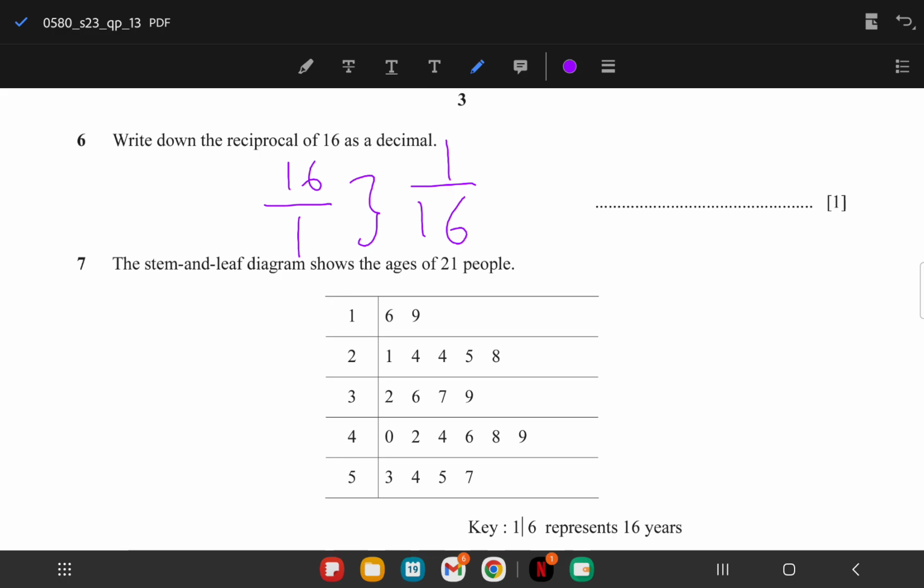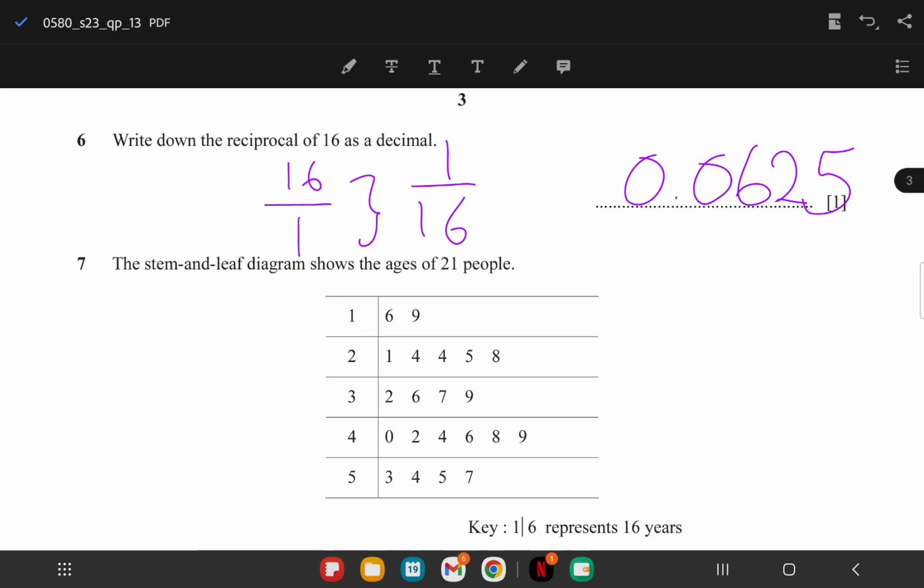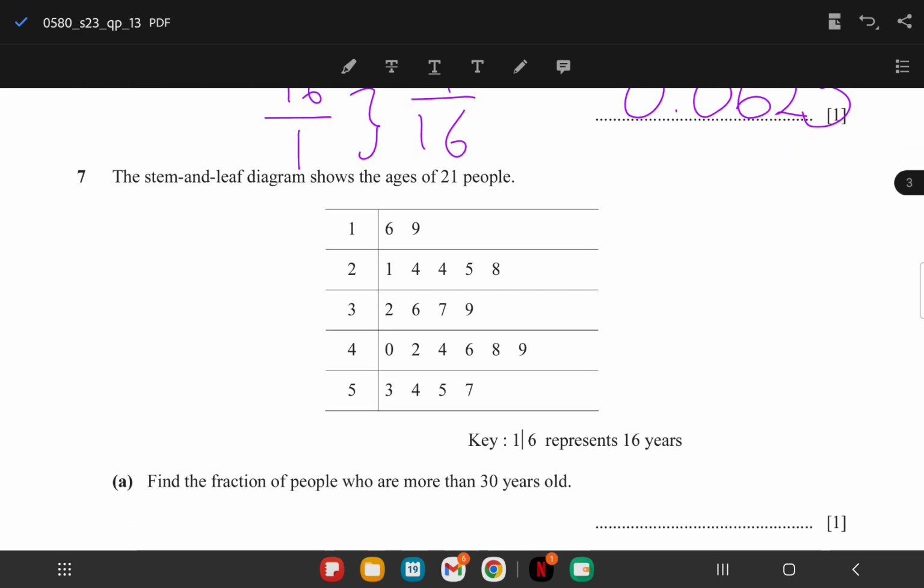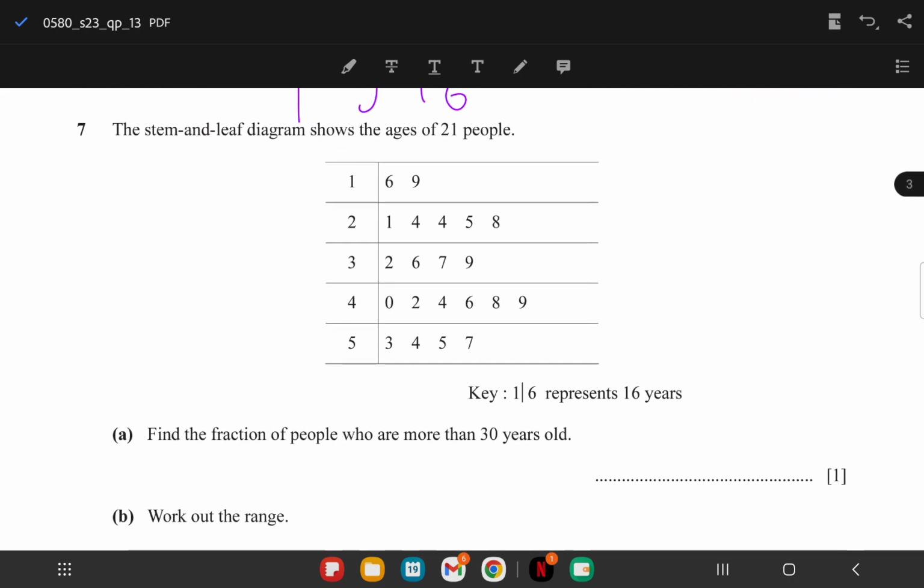So I am going to just quickly pop over to my calculator. 1 divided by 16, and that gives me 0.0625. Like that.